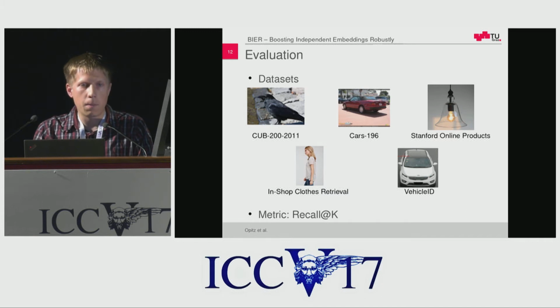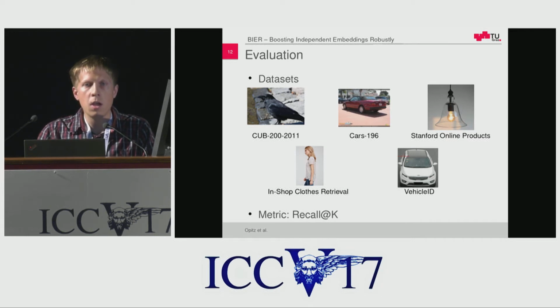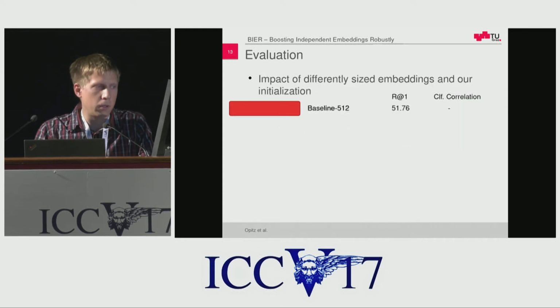That means for a given query image, we look at the k nearest images from the database, and if one of these k images has the same label as the query image, it's considered a match, and if not, it's a mismatch.